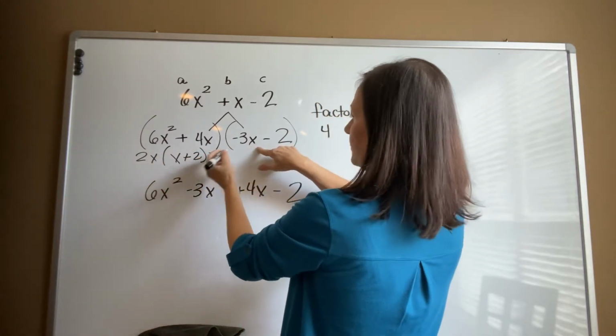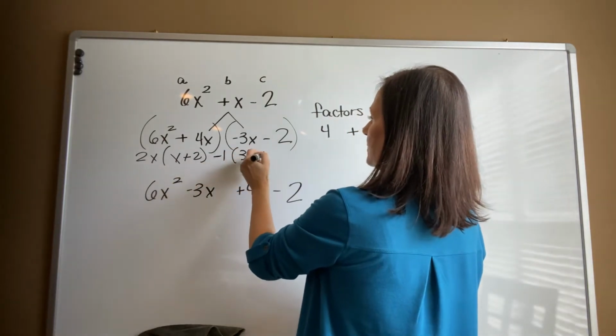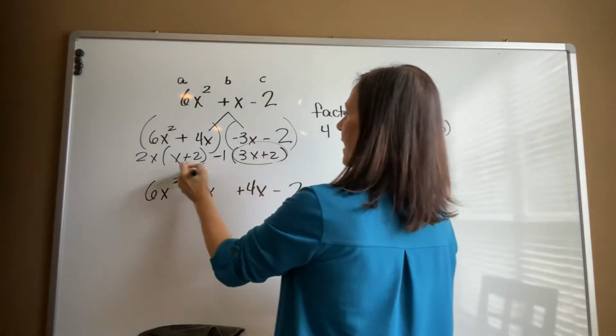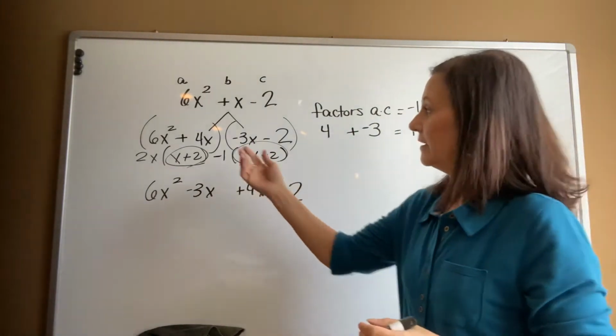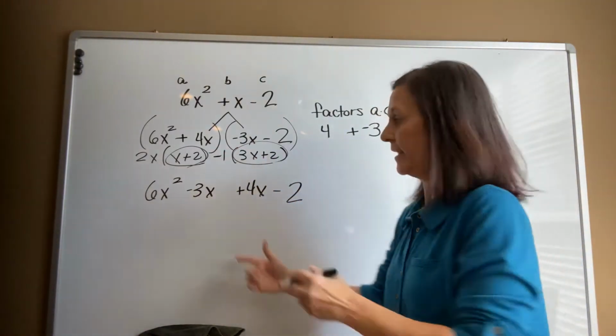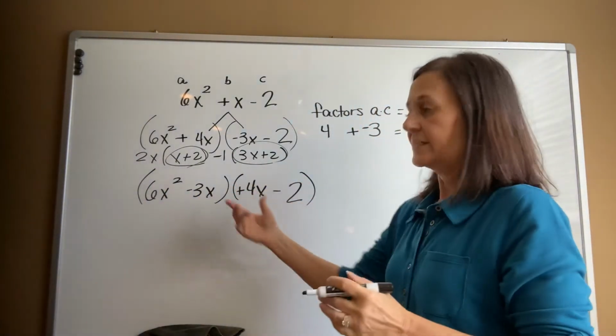Here I'm just going to factor out a -1, and I'm left with 3x plus 2. When I factor something out, whatever's left in the parentheses must be the exact same value. What is left in the parentheses is not the same, so I need to swap them and then regroup the terms. All right, so I did that.